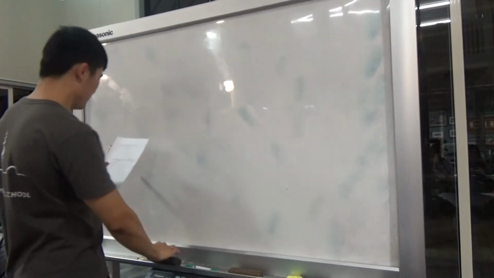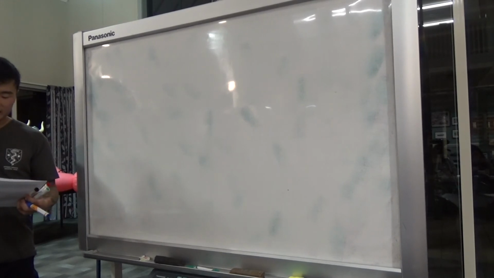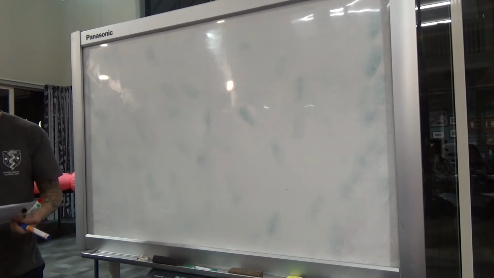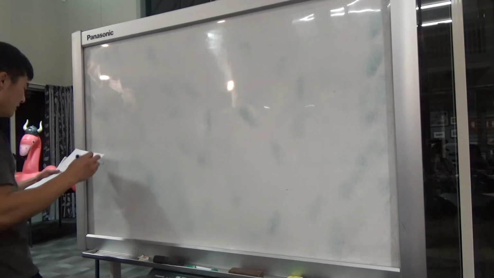Which one of the following is the correct decay scheme for the production of beta plus radiation from the decay of potassium 40? So we have beta plus decay.